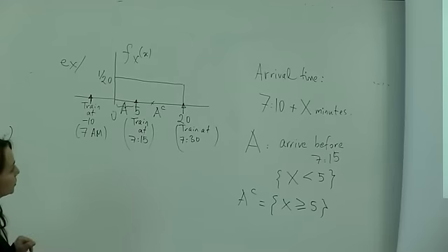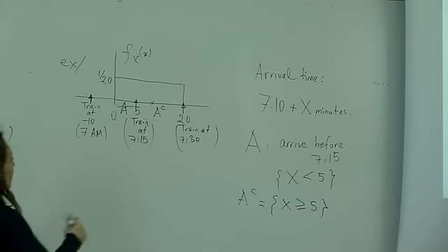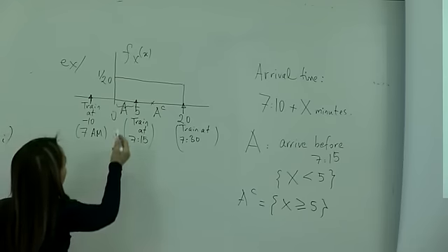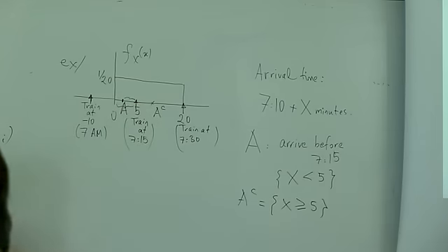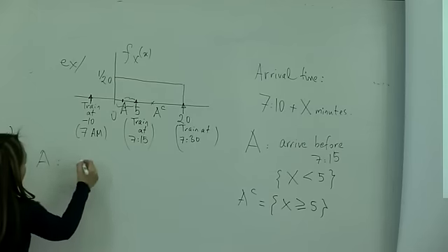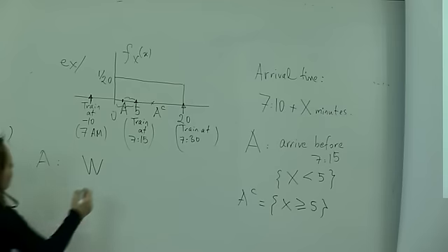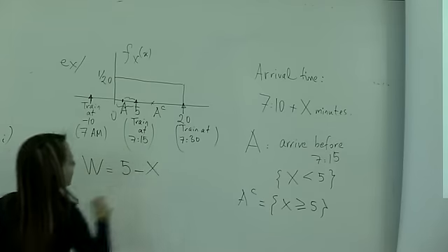Now I can compute the PDF of my waiting time. When A happens, what is my waiting time? My waiting time is basically the difference of my arrival time and the train arrival time, right? So if A happens, then the waiting time, let's call it W, is 5 minus X. Do you agree?